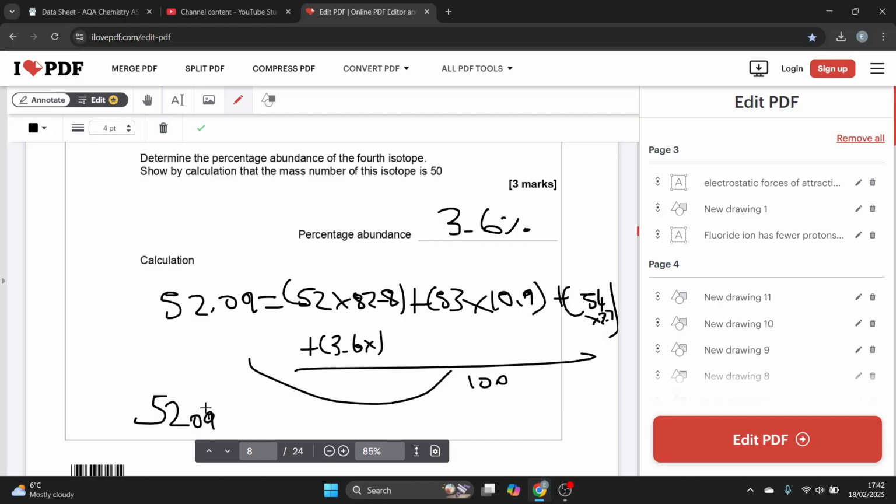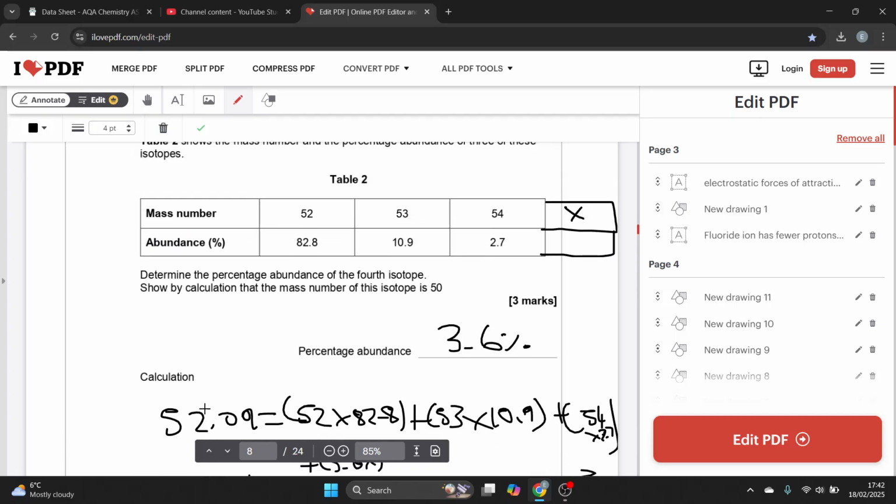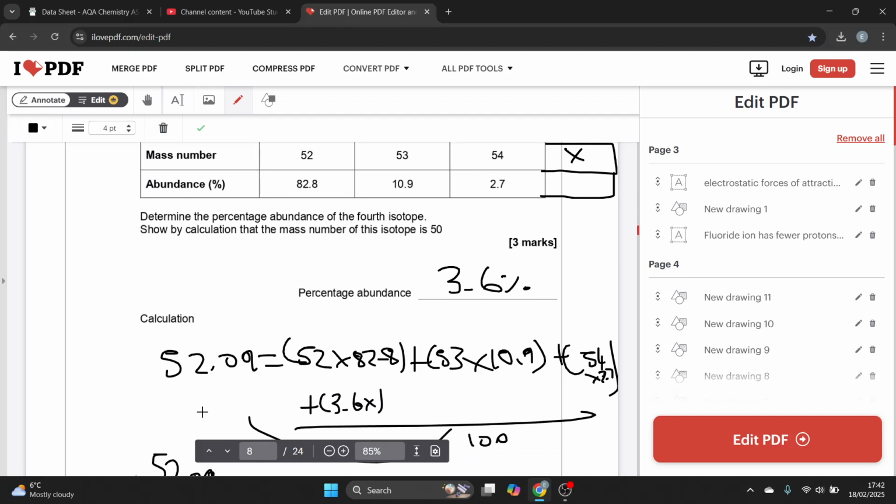And then what I do is 52 times 82.8 plus 53 times 10.9 plus 54 times 2.7 — I thought that was 7.7, but that's 2.7.